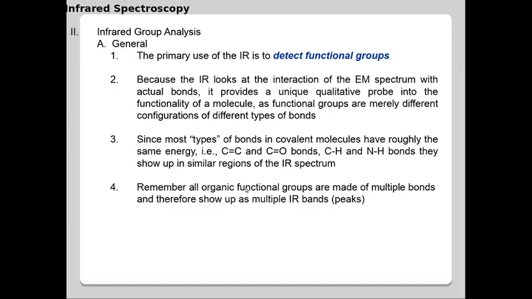Say, for example, if you consider C double bond C and C double bond O bonds, carbon and oxygen vary in their electronegativity only to a little extent. So mostly these two types of bonds have somewhat similar electronic character and somewhat similar dipole moment.